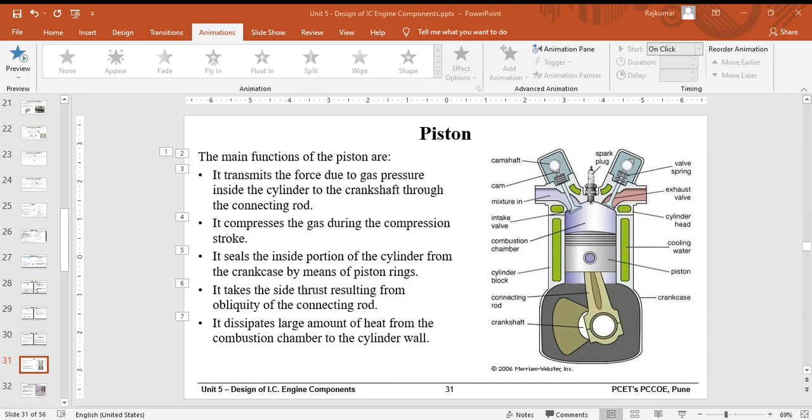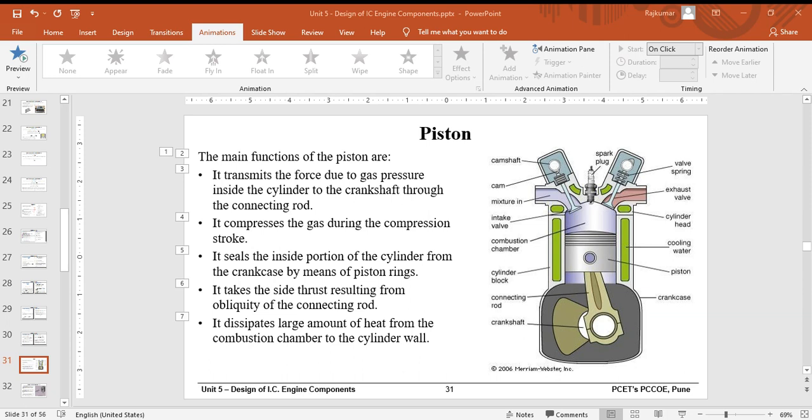The side thrust created by the obliquity of the connecting rod is transmitted to the piston at the piston pin. It is then transmitted to the cylinder wall through the skirt. The stiffening rib provided at the center of the boss and extending around the skirt distributes the side thrust more uniformly and prevents distortion of the skirt.